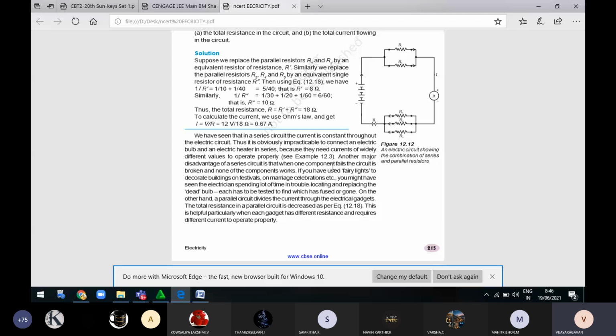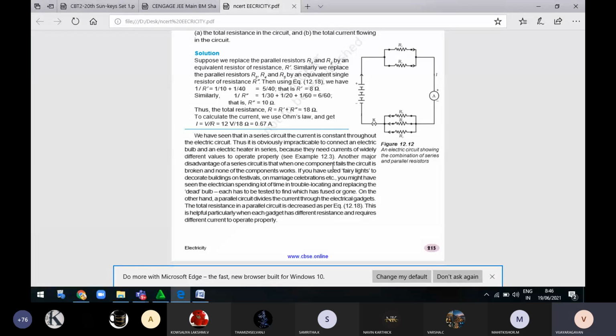If at any place one bulb is fused, what will happen? The entire circuit will be broken, and the rest of the lights will not glow. So the electrician spends a lot of time finding which bulb has fused. Only after replacing the bulb will the lights glow, because the passage of current is blocked by one fused bulb.